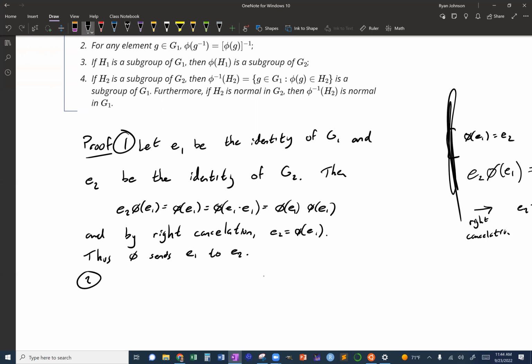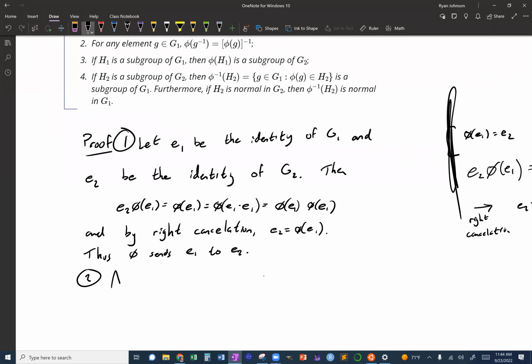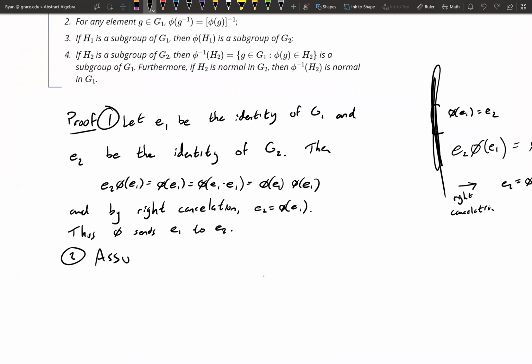All right, so we're assuming H1 is a subgroup of G1.